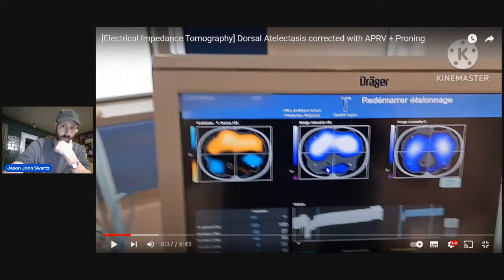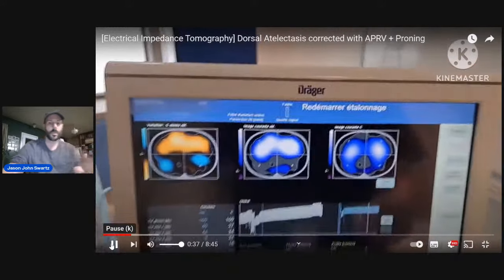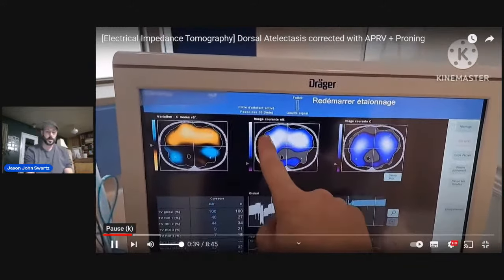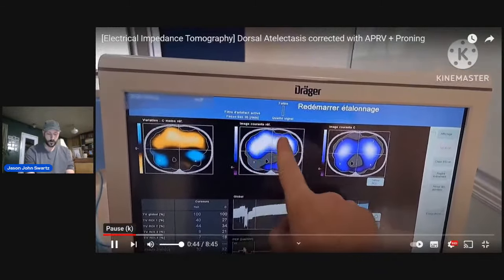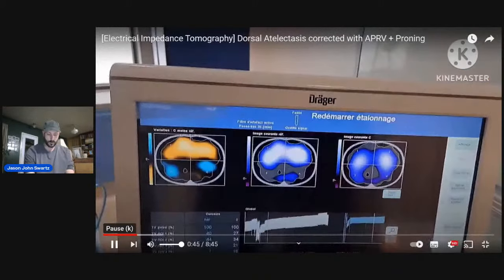There's a little bit here in the dorsal area, but not very much. Over here, we'll continue, and I'll let it go for a bit. You can see that the right upper quadrant and the left upper quadrant of the lung has the majority of the distribution.